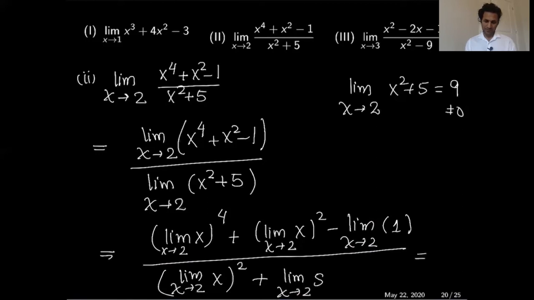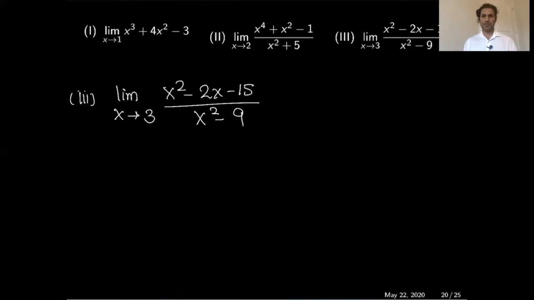If I plug in, the limit as x approaches 2 of x is 2. So I get 2 to the power 4 plus 2 squared minus 1, divided by 2 squared plus 5. The bottom is 9. On the top I will get 16 plus 4 minus 1, which is 19. My limit is 19 divided by 9.